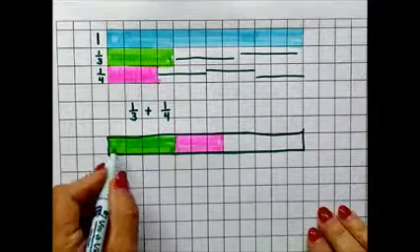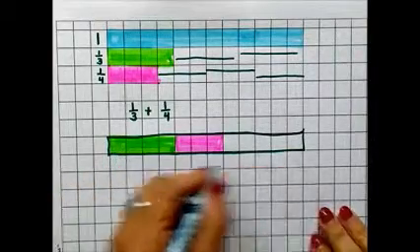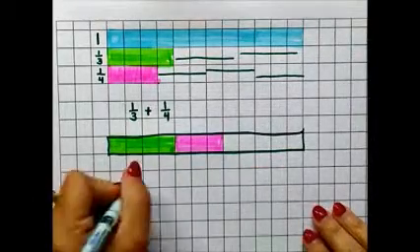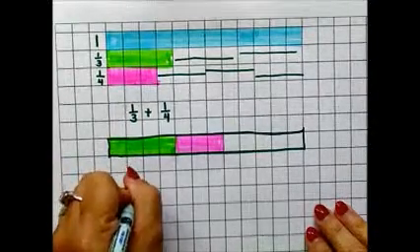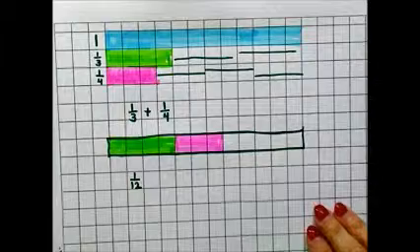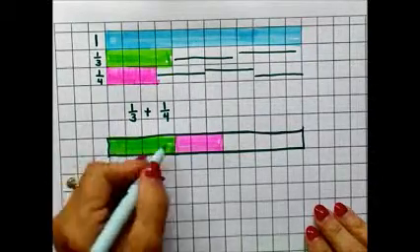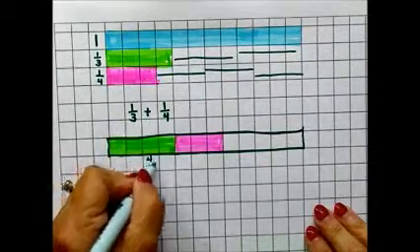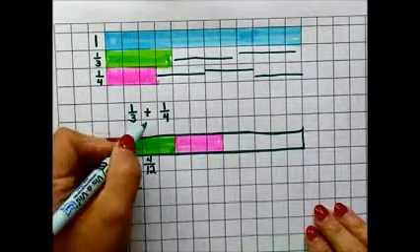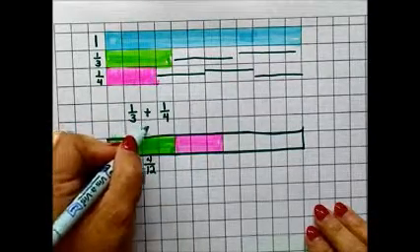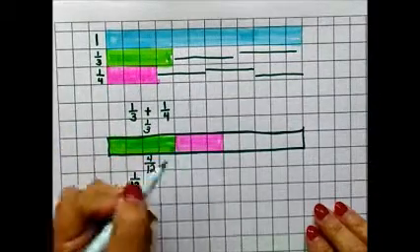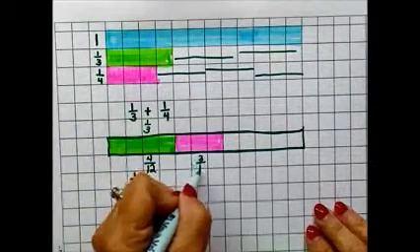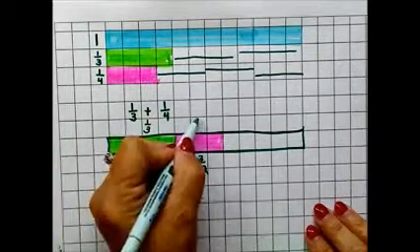So in this final answer, each one of these small little squares represents 1/12. Okay, so I have 4 12ths, or 1/3. I have 3 12ths, or 1/4.